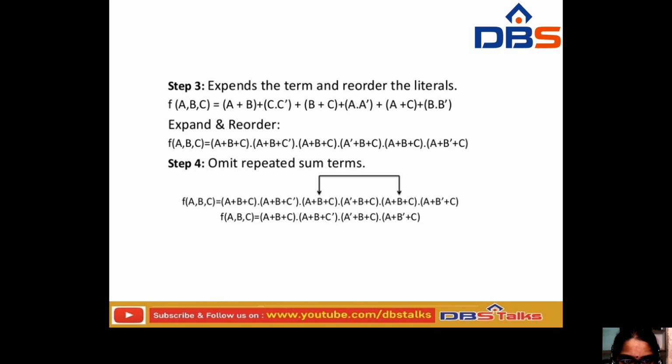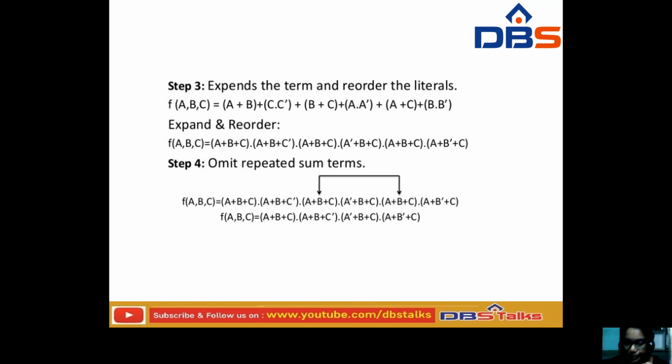(A plus B plus C) plus (A plus B plus C dash) into (A plus B plus C) into (A dash plus B plus C) into (A plus B plus C) into (A plus B dash plus C). See, this is the final output expression that we will get here.